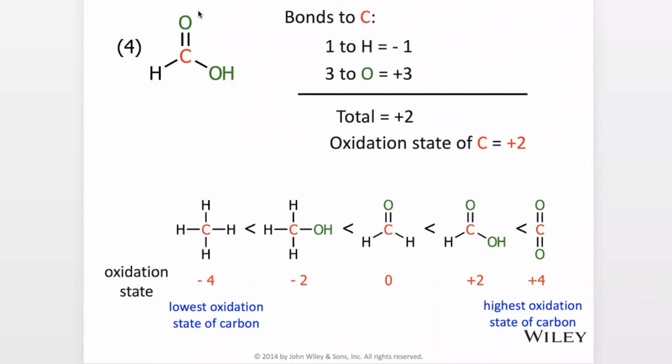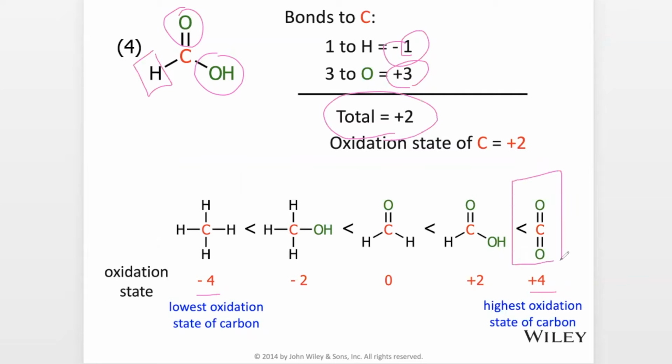And if we take it one step further, where we have a double bonded oxygen and then an OH, so we have a carboxylic acid, we see that we still have our 1 hydrogen that is -1, and then we have our 3 bonds to oxygen, which would then be +3, and our overall oxidation state of the carbon in this carboxylic acid is +2. So if we look at the table, we can see that we go from -4 all the way to +4.